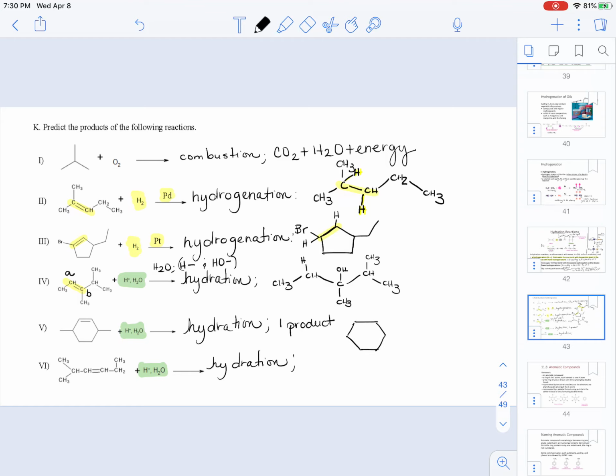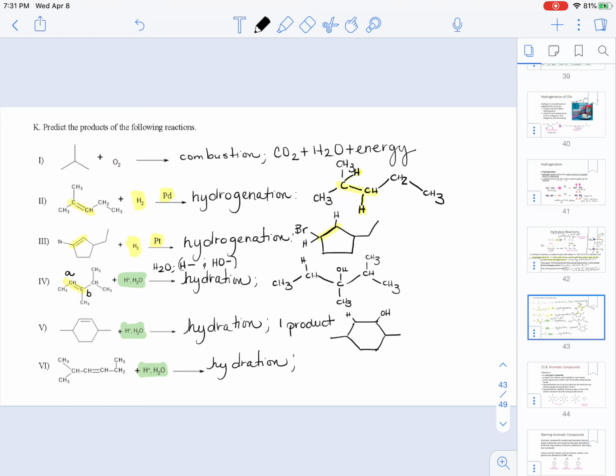The only thing that we are not going to be including is the second bond in the carbon-carbon double bond. And in this case, one carbon is going to get the H, one carbon is going to get the OH.